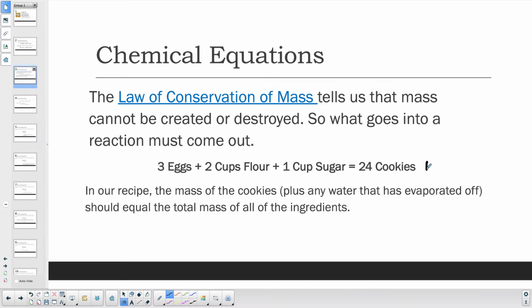One of the reasons is that when you bake something, very often you lose water. So it's important to understand and take into account everything that is happening in a chemical reaction, so that when we write out a chemical equation, we account for all of the matter that's involved, which means all of the mass that is involved.